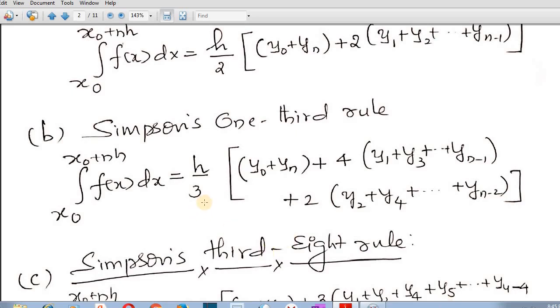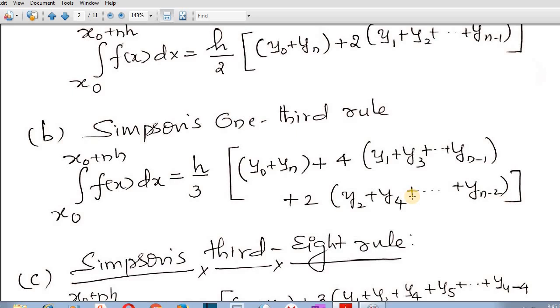Simpson's one-third rule: the same problem can be solved by it, with the same integral, but the formula is a little different. It is h by 3 times [y0 plus yn, plus 4 times (y1 plus y3 plus y9...), all the odd values in one bracket, and 2 times all the even values of y in another bracket].